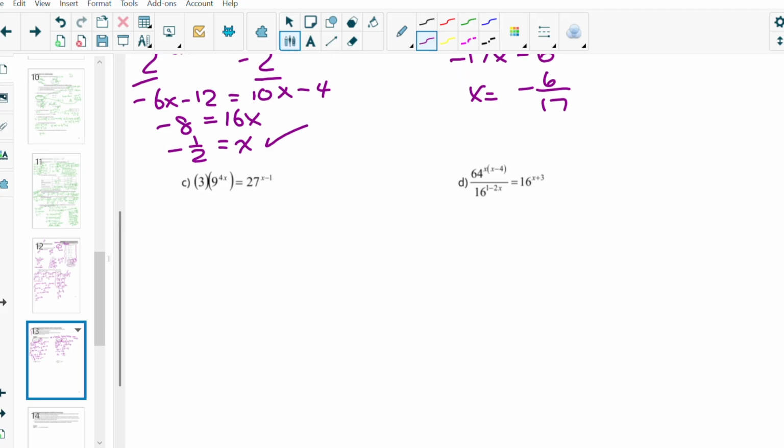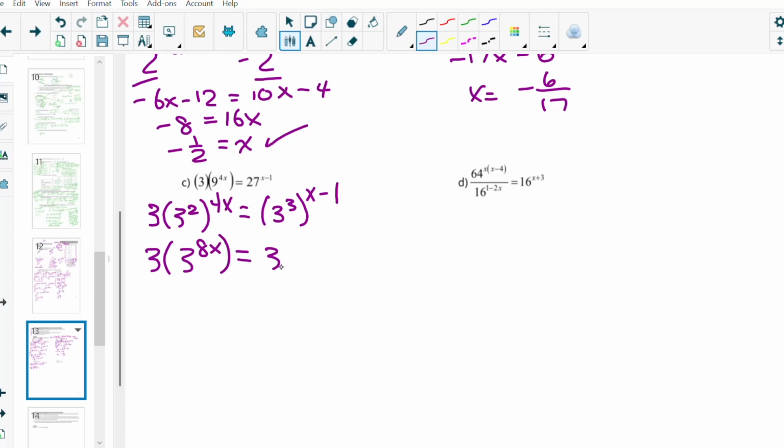Letter C. Let's rewrite. Okay, 3 to the 8x, applying some exponent laws here, so you really have to be conversant with your exponent laws to make this a lot easier.